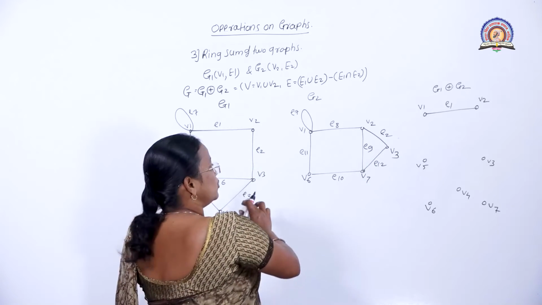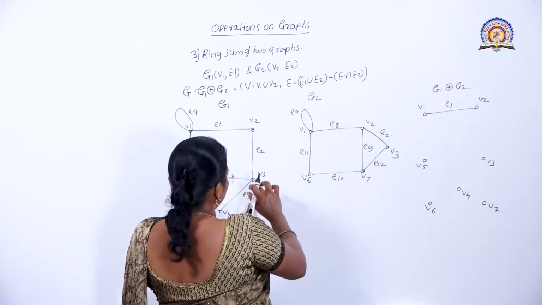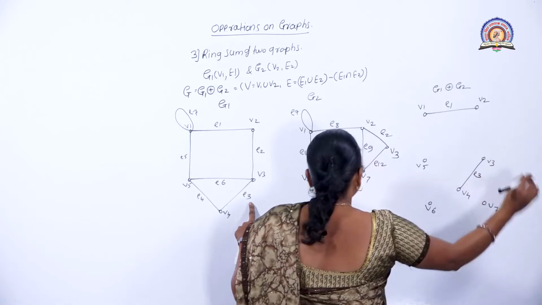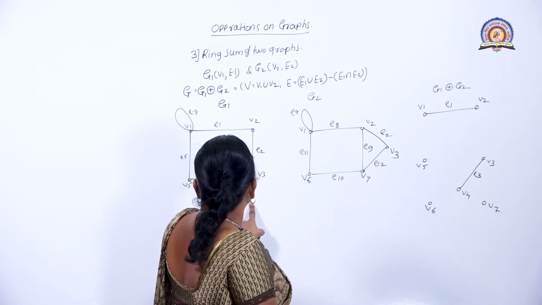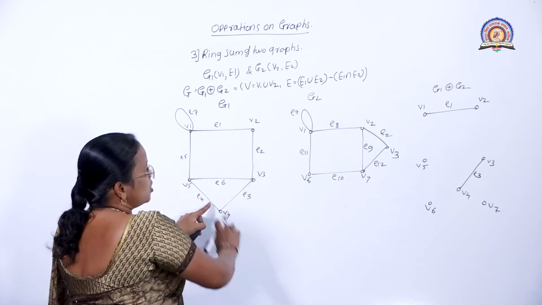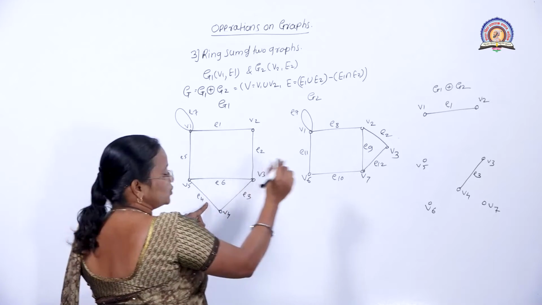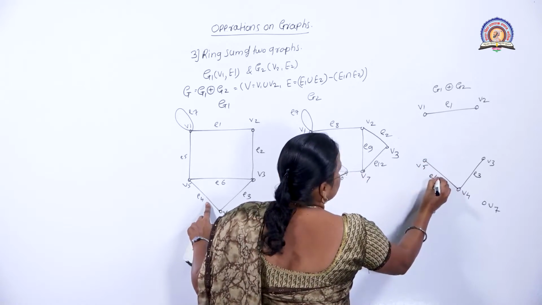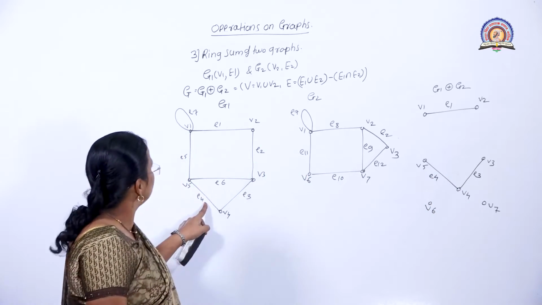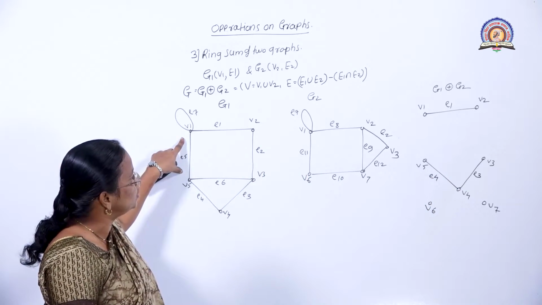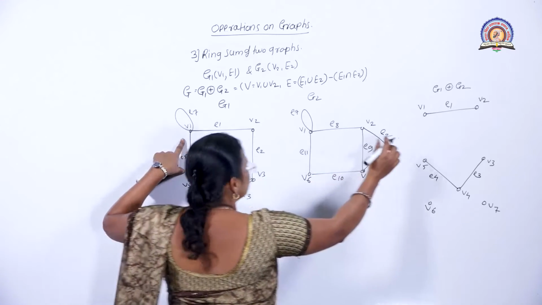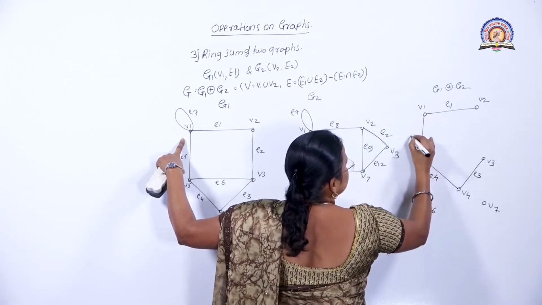E3 occurs in only first graph, so draw that edge. V3 to V4, this is E3. Okay, now next E4 occurs in only first graph, so draw that. V4 V5. Okay, next one E5 V1 to V5 does not occur in second graph, so draw that edge.